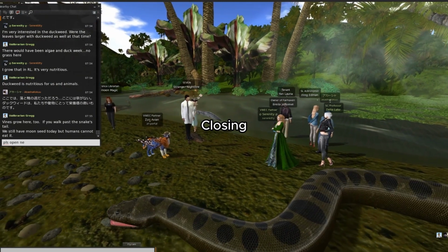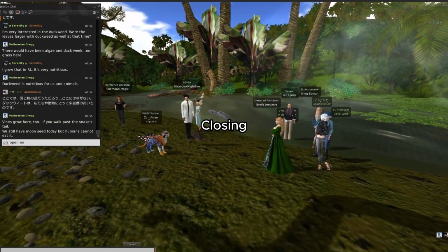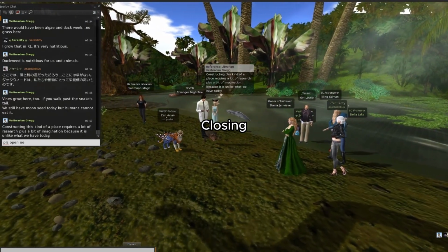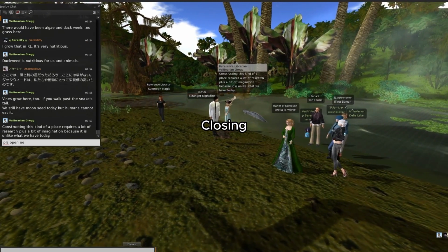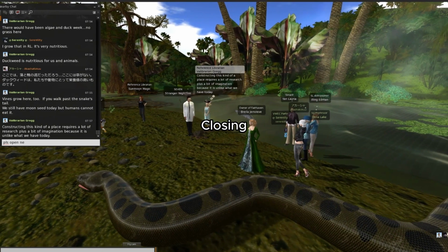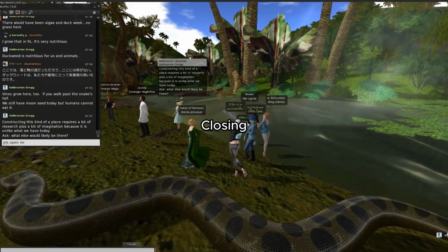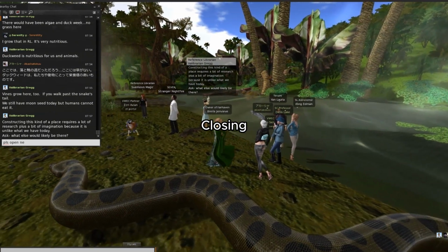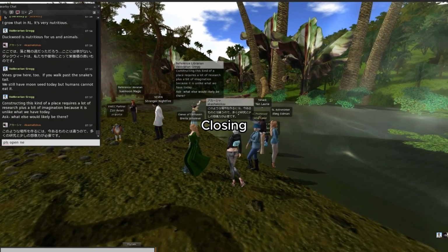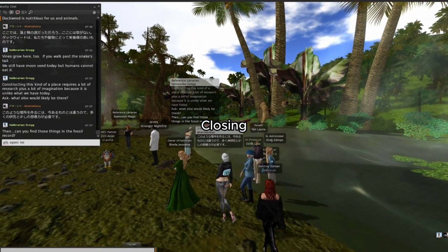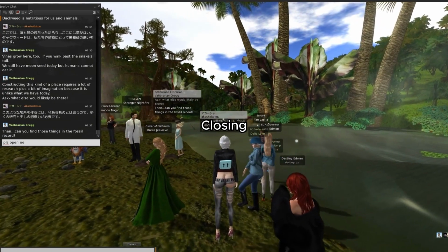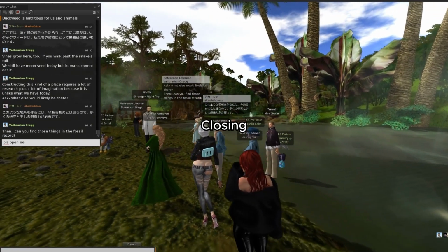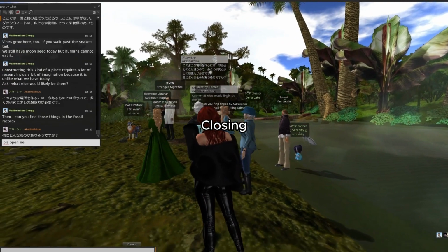What else would likely be there? And then can you find those kinds of things in the fossil record? Because you would not find mangroves, for instance, in a desert. So with every little detail here, that's the kind of thinking and research that had to go into it.